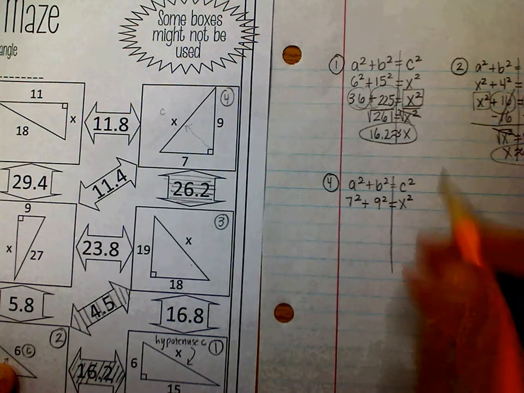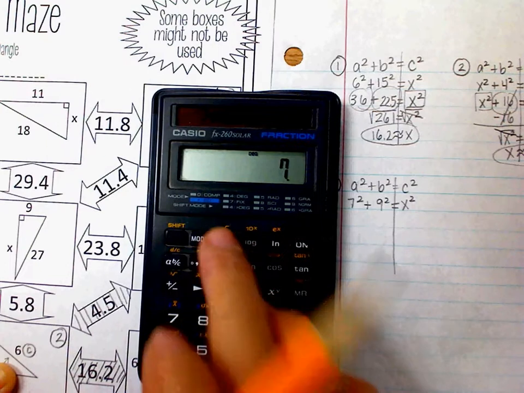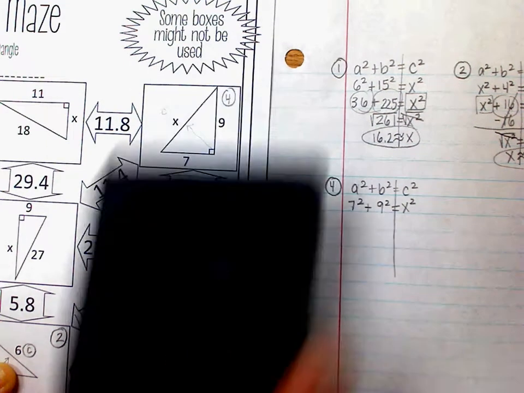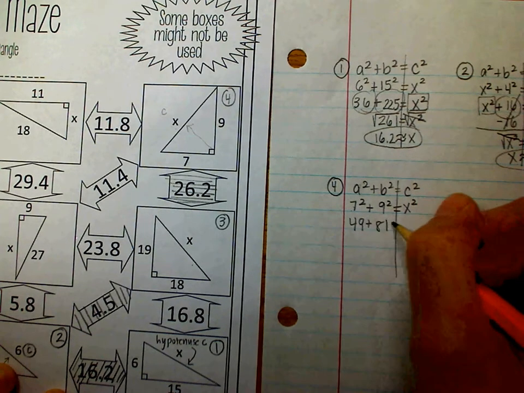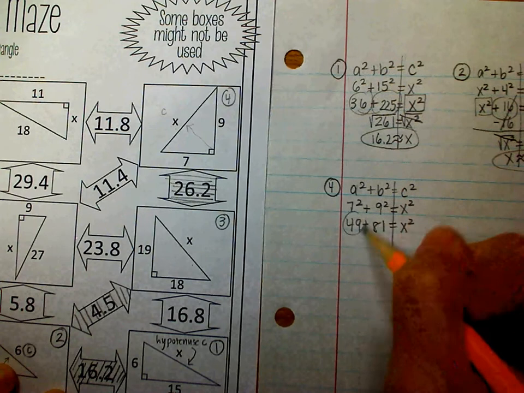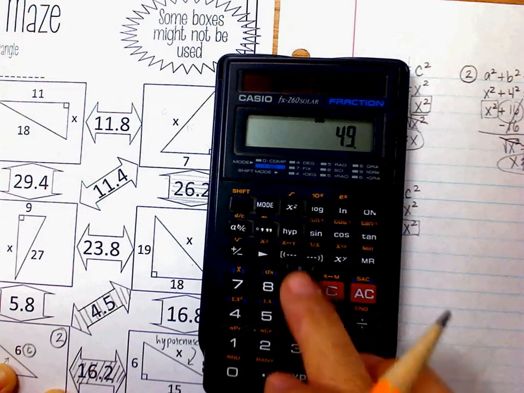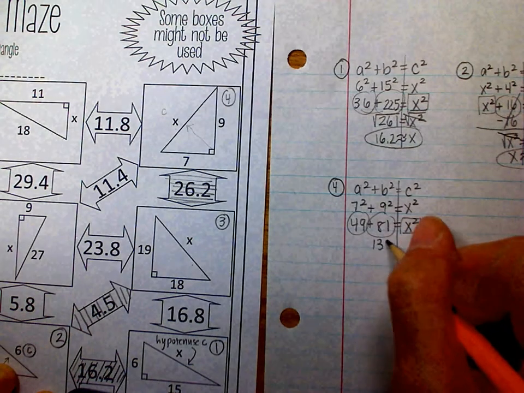Now 7 squared is 49, so 7 times 7, same thing, 49. Hopefully you know that 9 squared is 81. Okay, I'm going to combine those, the 49 plus the 81, and that's 130. So 130 equals x squared.